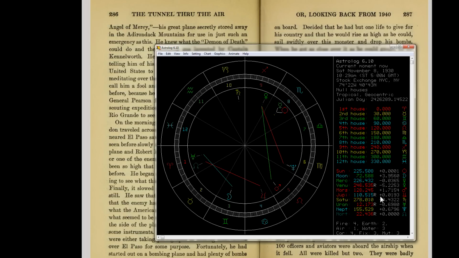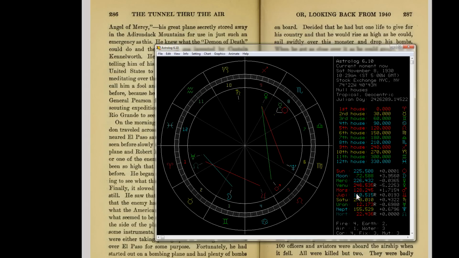Its north node is right around 110 degrees geocentrically, in this particular orbit of Jupiter. Because geocentrically, Jupiter's north node changes a little bit. Heliocentrically, its north node is always at about 100 degrees of the zodiac.